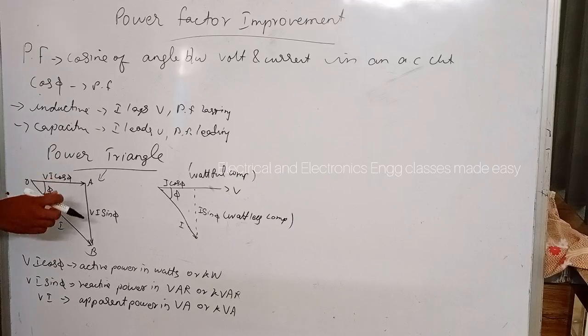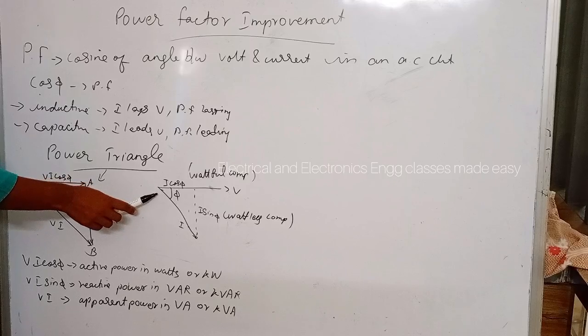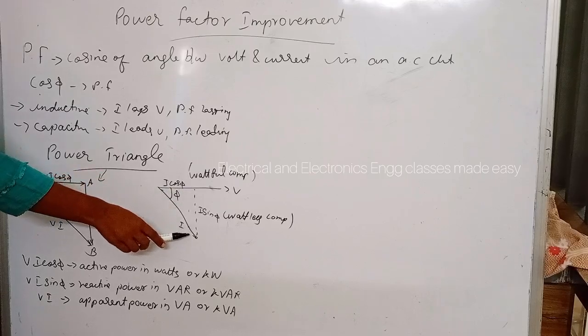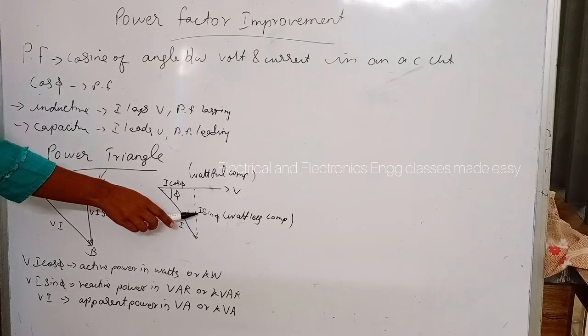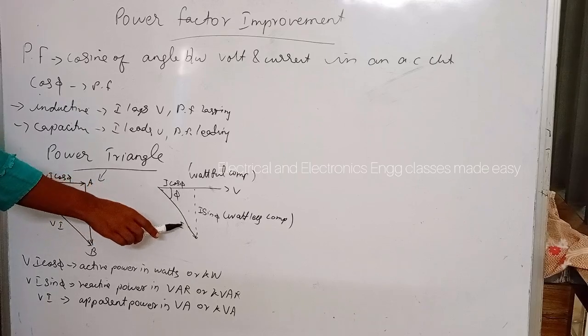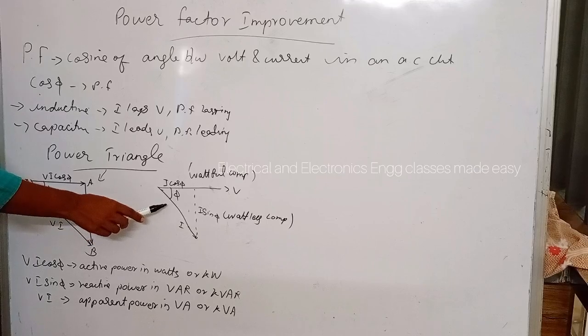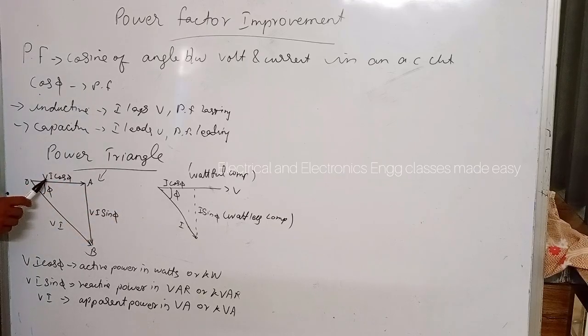Next is the power triangle. This is the current triangle, where I cos phi, I sin phi, and I are the sides. If each side of the current triangle is multiplied by the voltage V, then we get the power triangle.